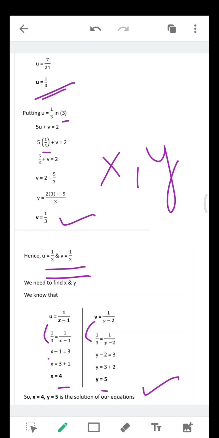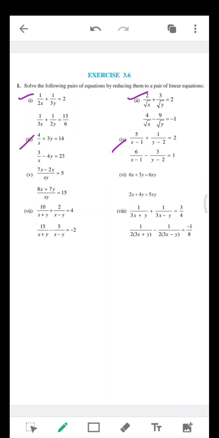So finally we have got the solution. Okay, so this is the procedure of solving equations. All these we are going to solve by assuming only. Okay, even though we have other methods, but as in the question it is mentioned, reducing them to pair of linear equations.